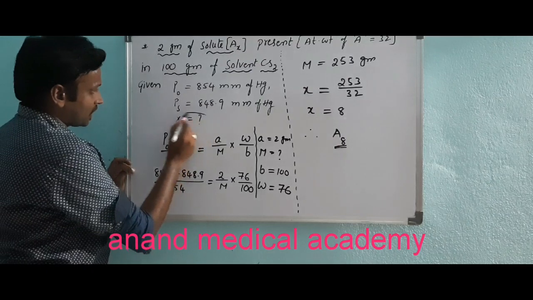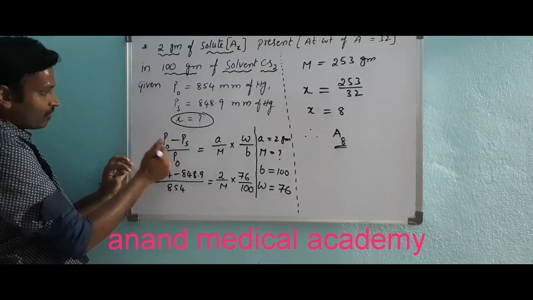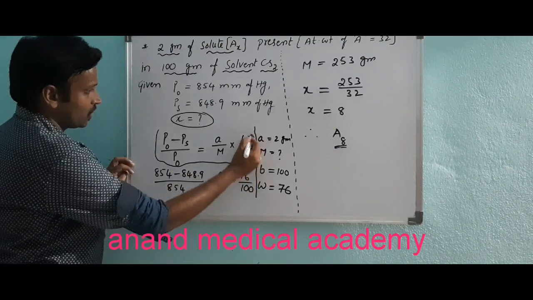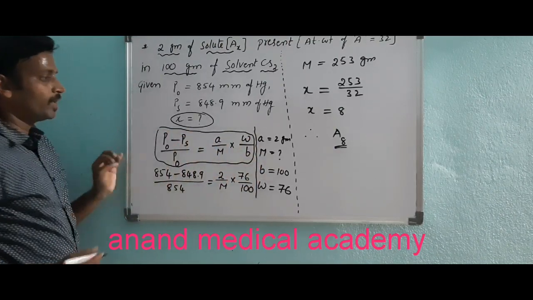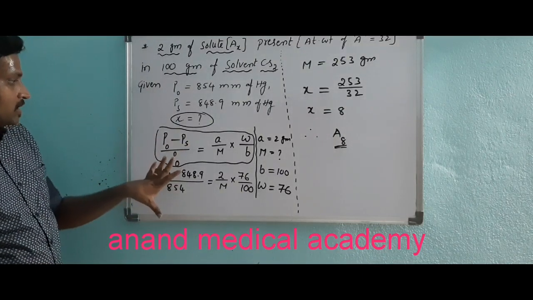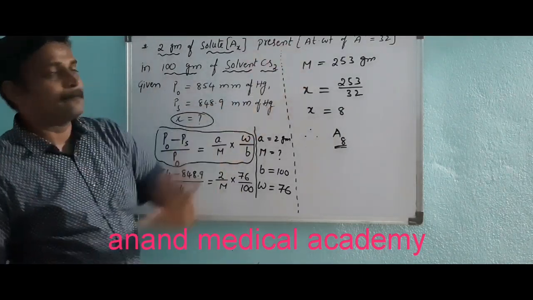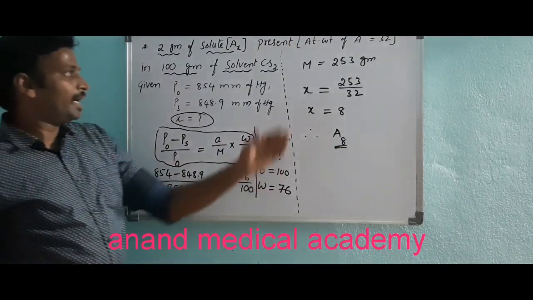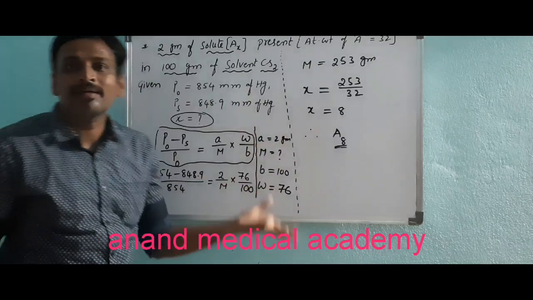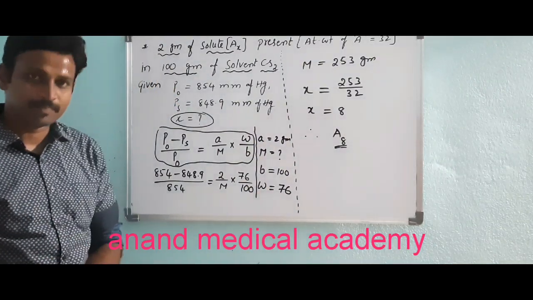Got it? You have the formula: P naught minus PS by P naught is equal to A by M into W by B. If you use this formula, you will get M as about 253. And to get X, if you do molecular weight by atomic weight, you can see how many atoms there are in total.